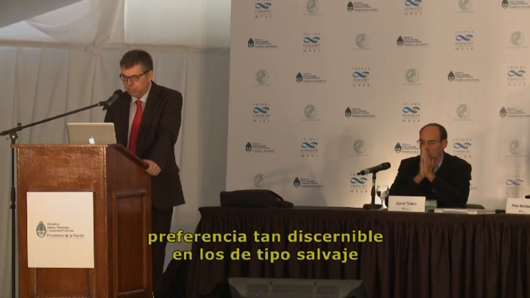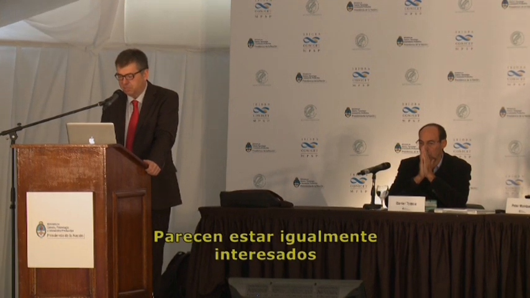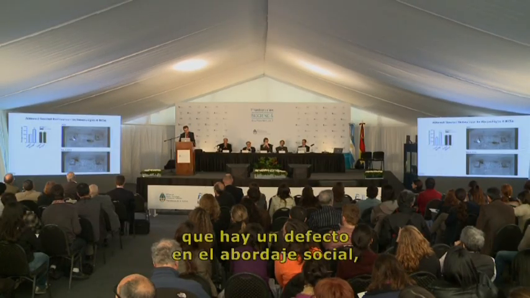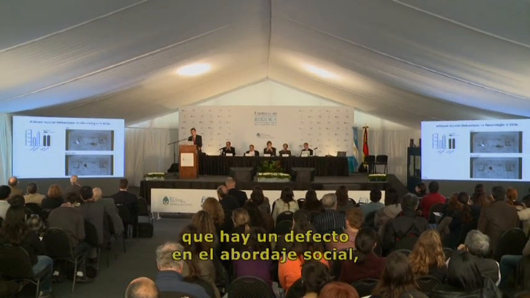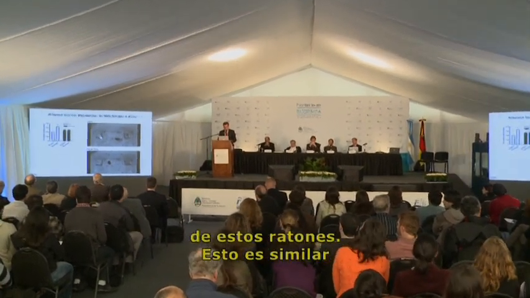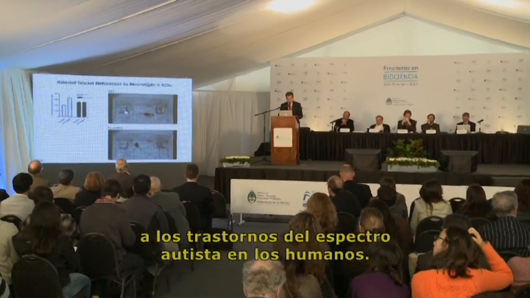And what we saw was that this preference, which is clearly discernible in wild-type mice, is totally gone in knockouts. They seem to be equally interested in the empty cage, indicating that there is a defect in social approach and maybe in social interaction in these mice that is reminiscent of autism spectrum disorders in humans.